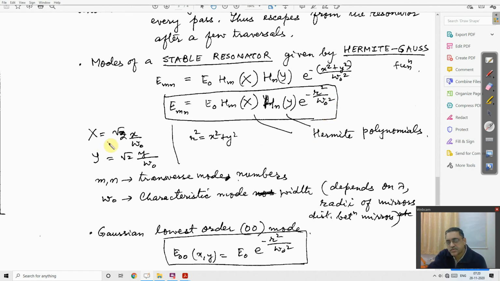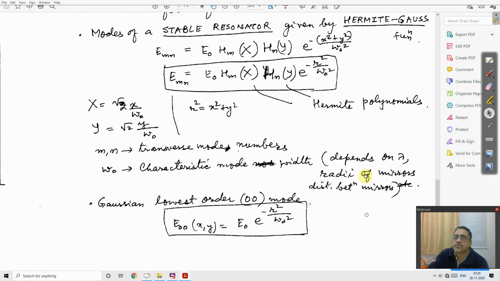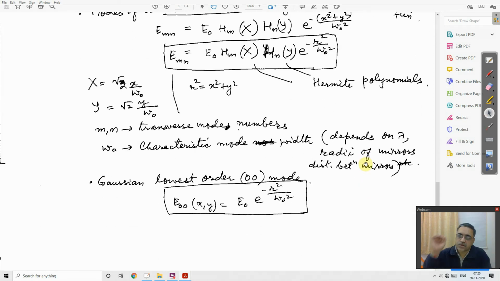Here capital X is equal to under root of 2 x by omega naught, and capital Y is under root 2 y by omega naught. m and n are the transverse mode numbers. Omega naught is the characteristic mode width, and it depends on the wavelength of the monochromatic radiation.